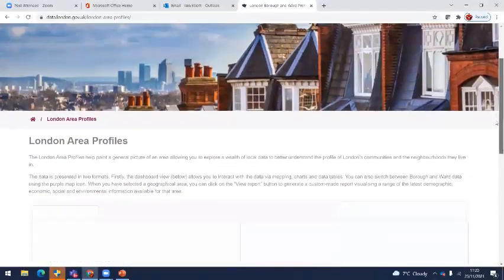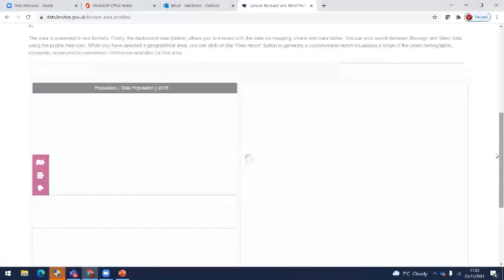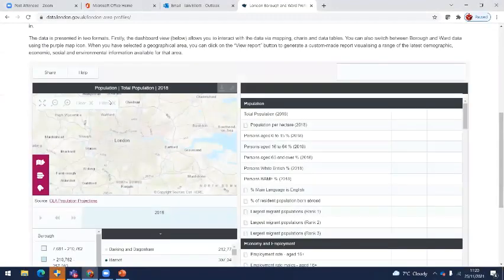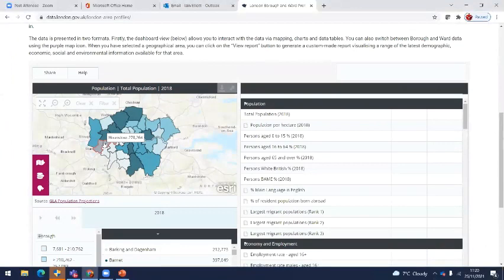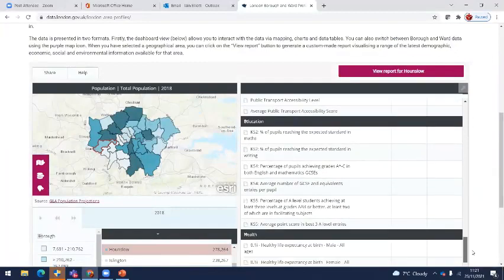And then if you just click on it, it brings up a map of London. Then you can click on Hounslow. It should bring up some information here as well. So it's got some information already on here in terms of things like ethnic makeup, education.